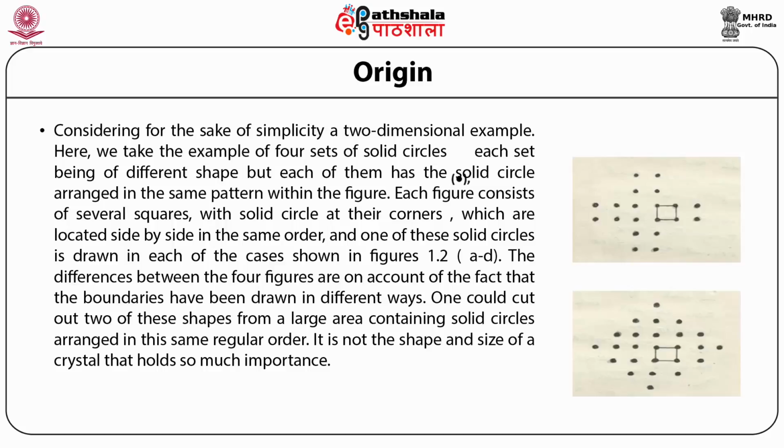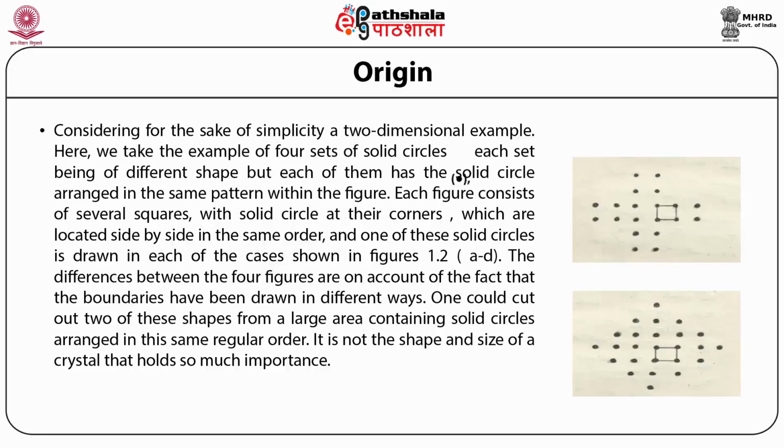Each figure consists of several squares with a solid circle at their centers, which are located side by side in the same order, and one of these solid circles is drawn in each of the cases shown in figure 1.2 A and B. The differences between the 4 figures are on account of the fact that the boundaries have been drawn in different ways. One could cut out 2 of these shapes from a large area containing solid circles arranged in this same regular order.